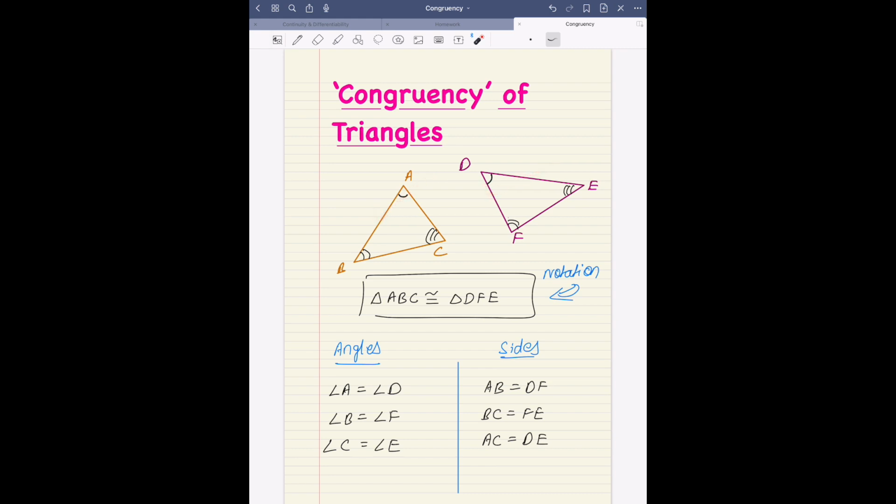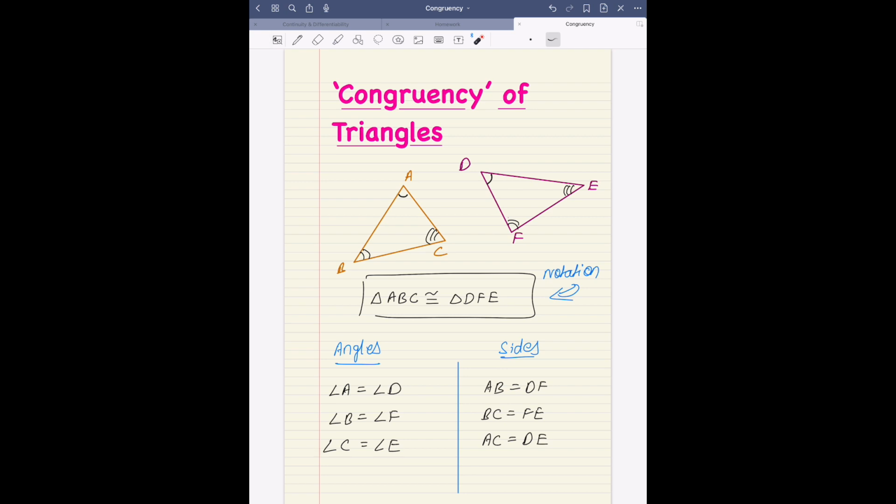And there is one more logic which is called CPCT. You must have heard that term CPCT, or those who will be going to 9th will hear it. CPCT means corresponding parts of congruent triangles are equal, which is what we have discussed over here.